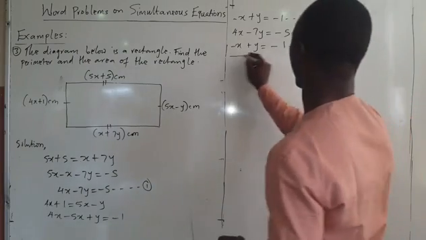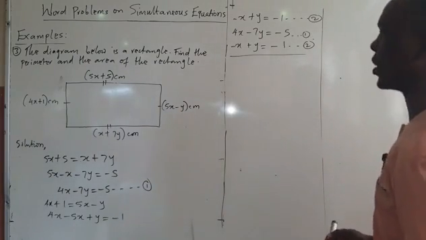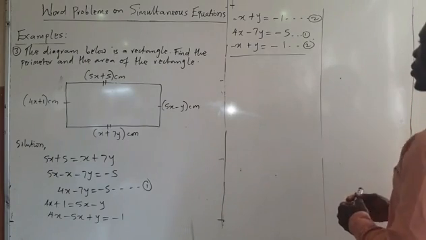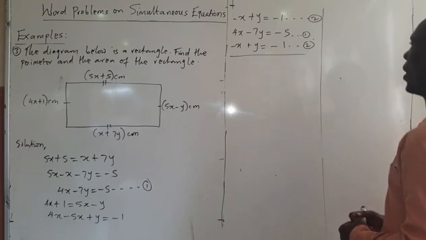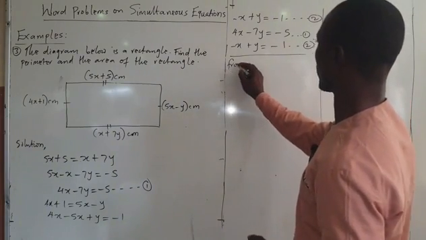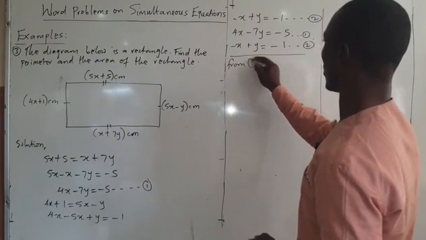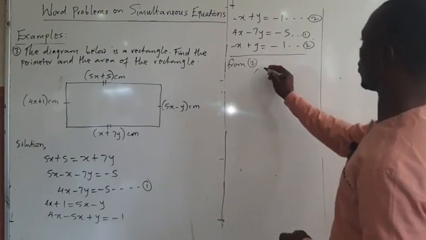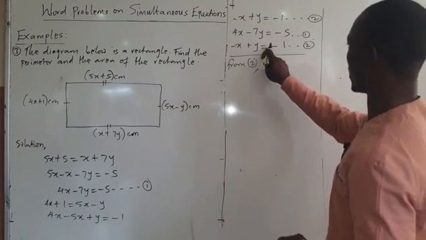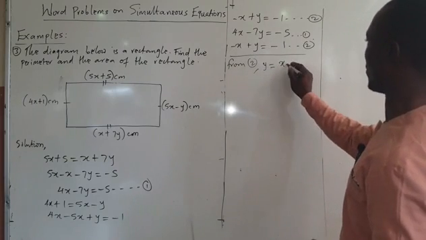So you can now make any of the unknowns the subject of the formula from equation 1 or equation 2. So it's better to make it from equation 2. So from 2, I'm using the substitution method. So y equals x, when you transfer minus x, it will become plus x, then minus 1.